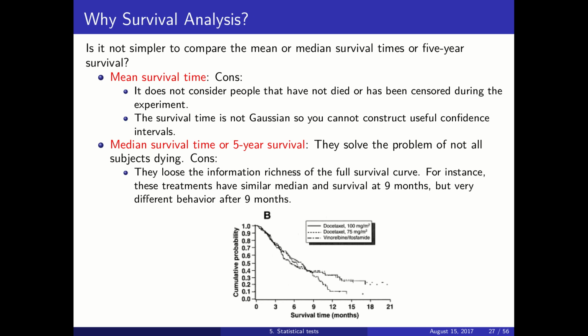So for instance, in these two curves, the two curves are very similar up to 9 months, but then they start to differ significantly. If you just look at one point, for instance the median survival time, they are almost the same. The information contained in the curve is much richer than just a single point.